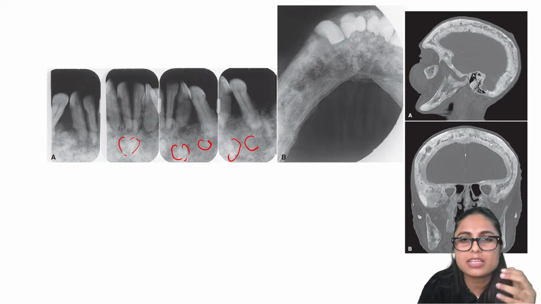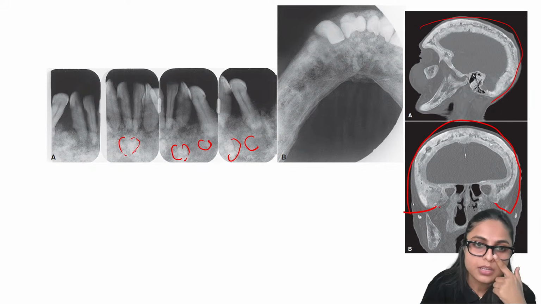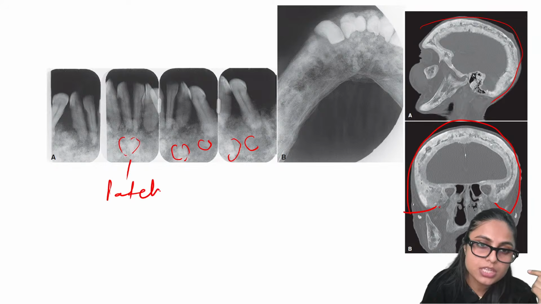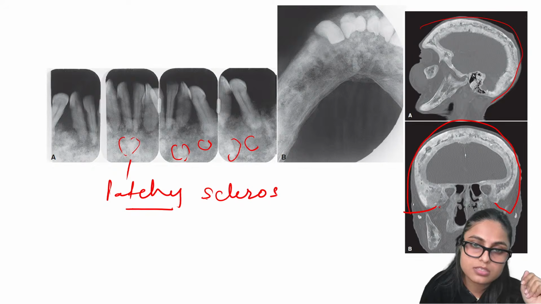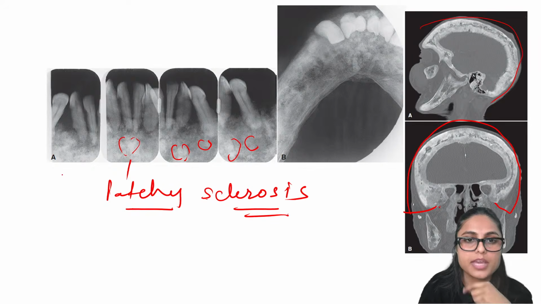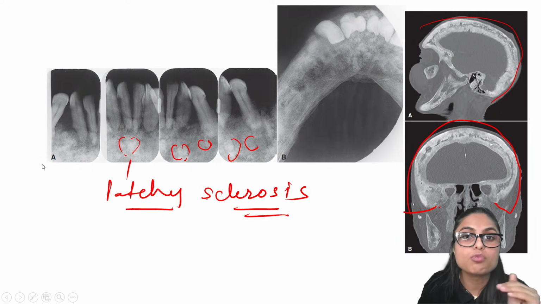So this patchy sclerosis is due to abnormal bone deposition. When it affects the skull, look at the appearance. This is patch-like sclerosis. This gives us a cotton wool appearance.